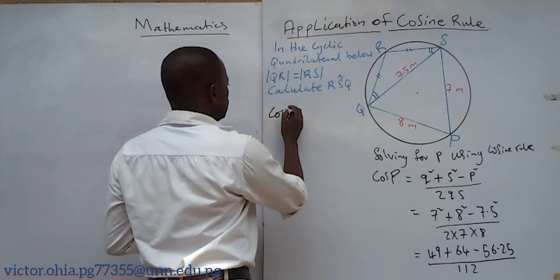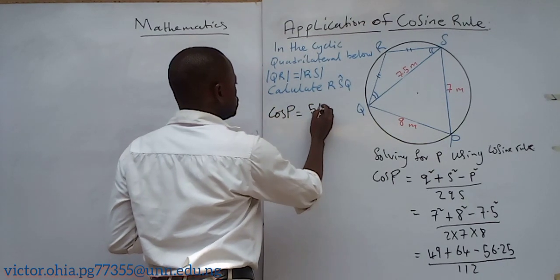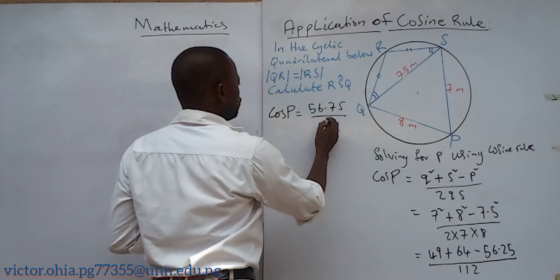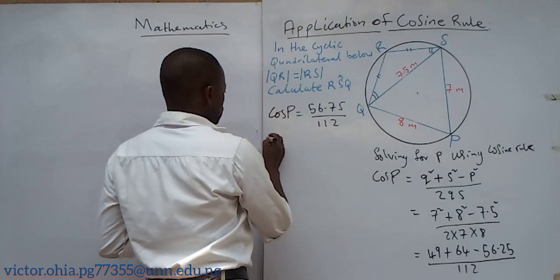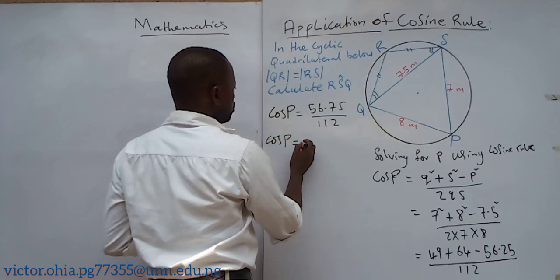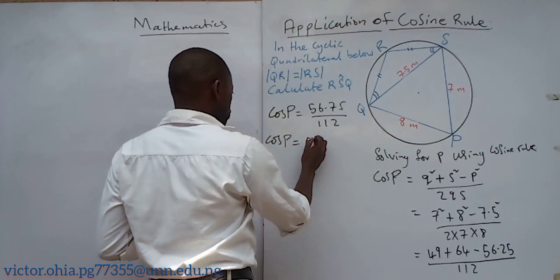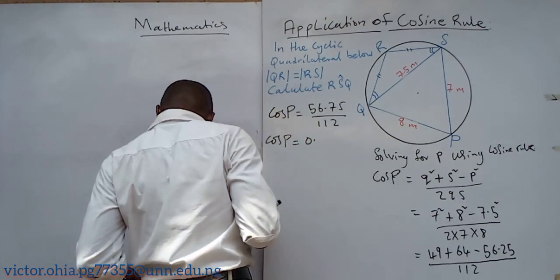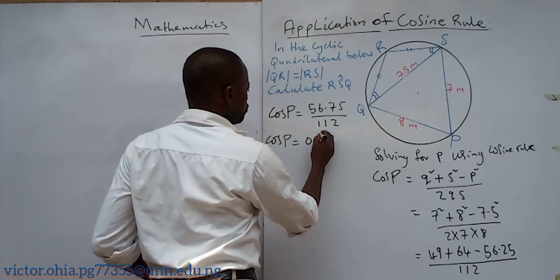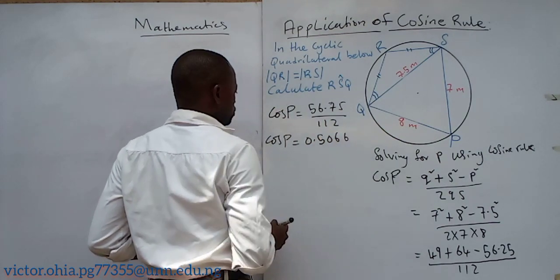Cos P will be equal to 56.75 over 112. Then cos P will be equal to 0.5066 by my calculation.